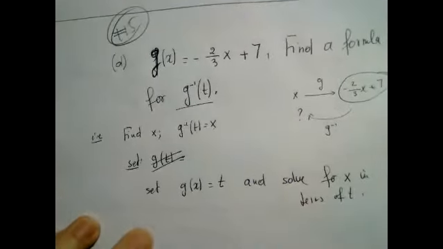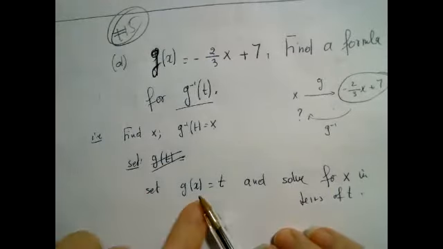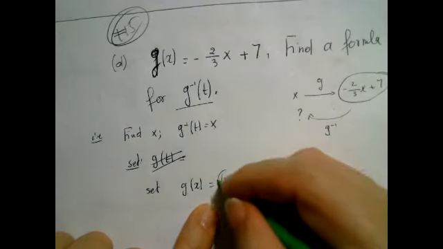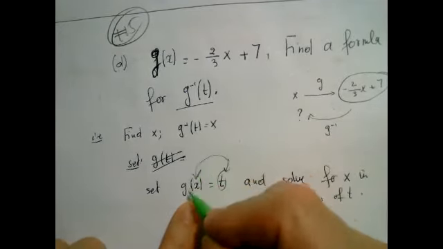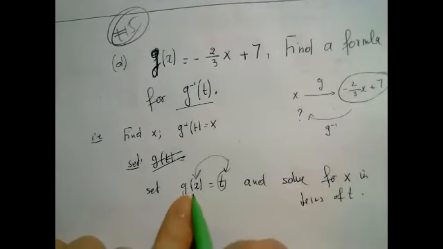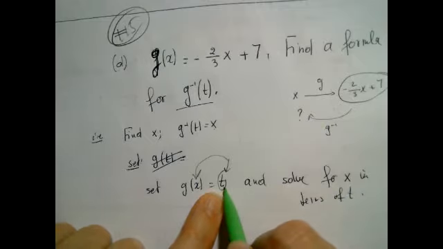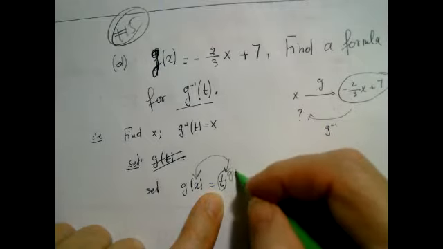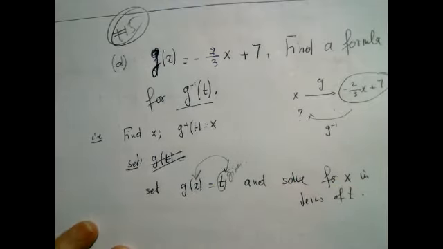Okay, so to find a formula for G inverse, we do the following. I have the output T, I want a formula which will give me the input in terms of the output. I'm giving you the output, so that's given. So what's G of X?